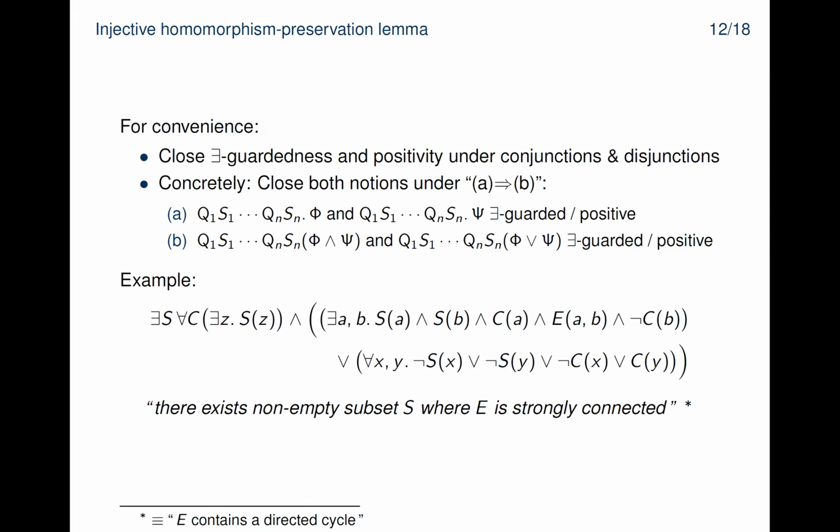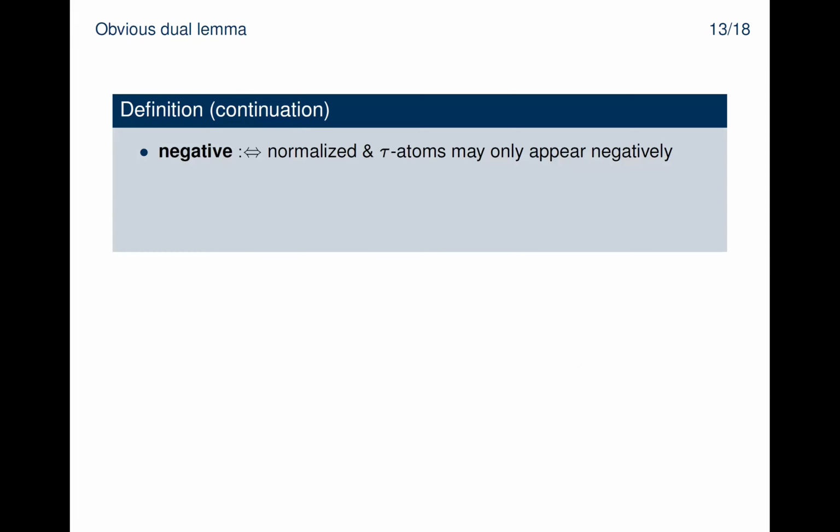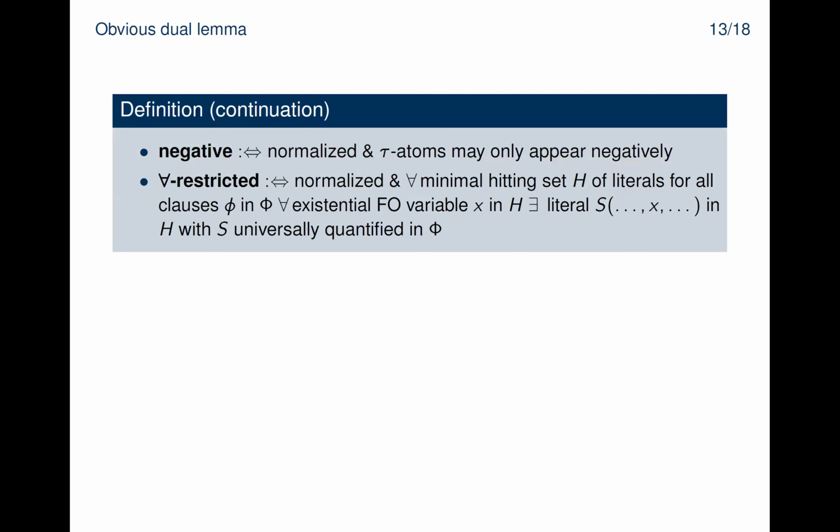variable S. There is an obvious dualization of this concept, and that would be negativity, right? We want that tau atoms only appear negatively, and existential guardedness will be dualized to for all restriction. Now you really just need to invert everything, so I will just spell it out.